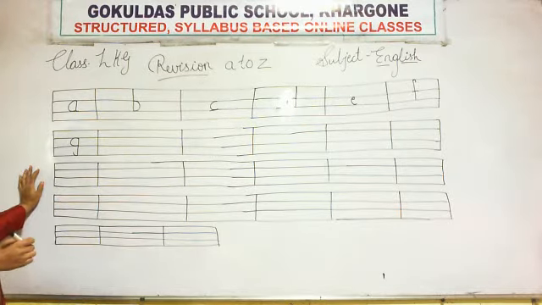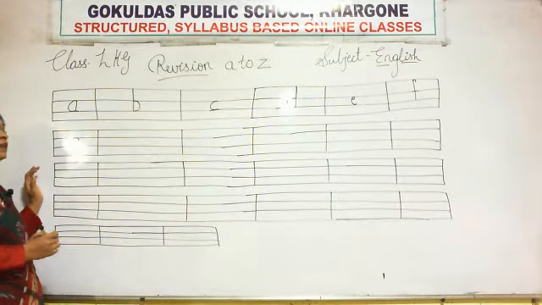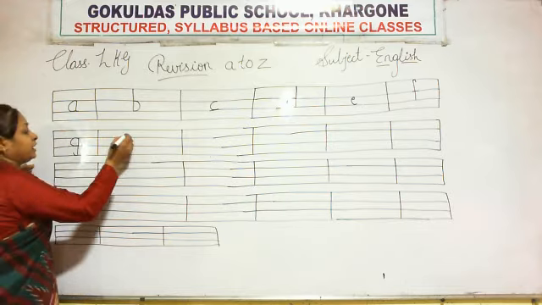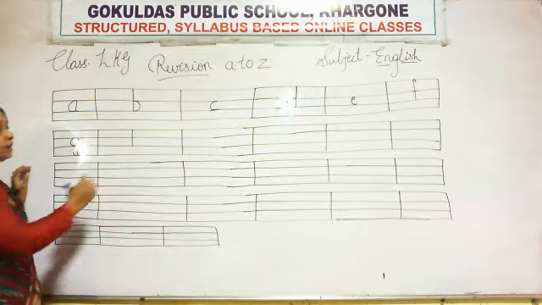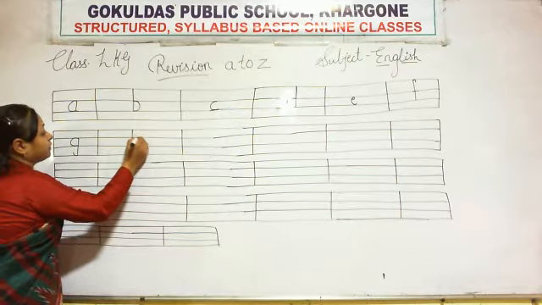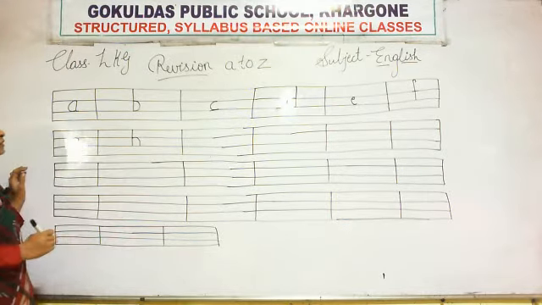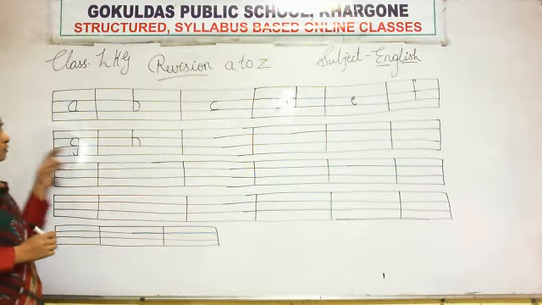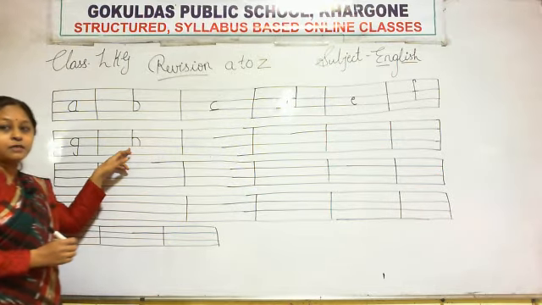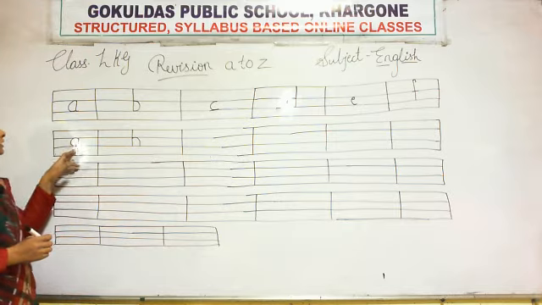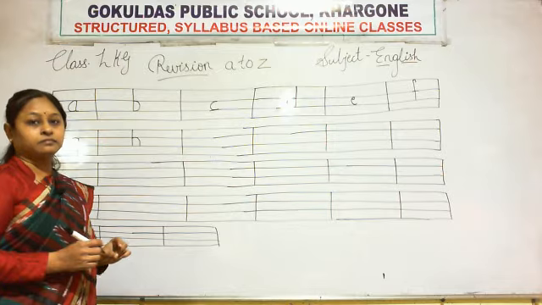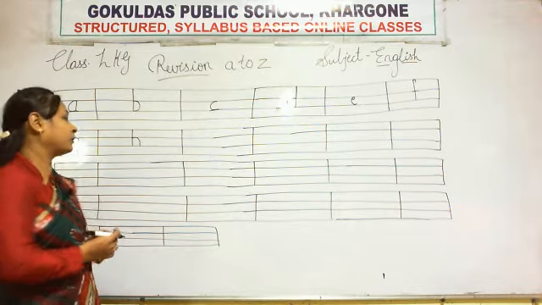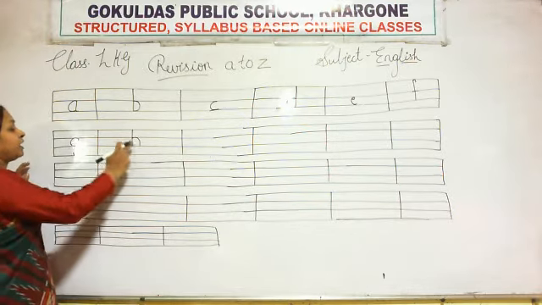After G, which letter will come? H. How will you write h? Standing line. Then curve between two lines. So which letter is this? Small h. G, H. Done? Yes. Okay.